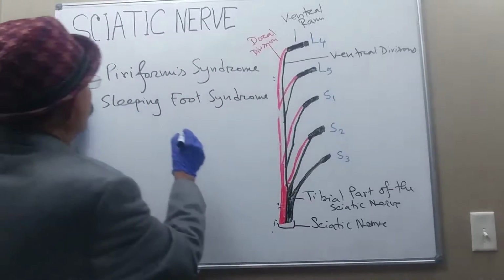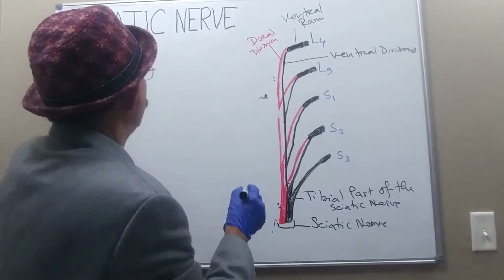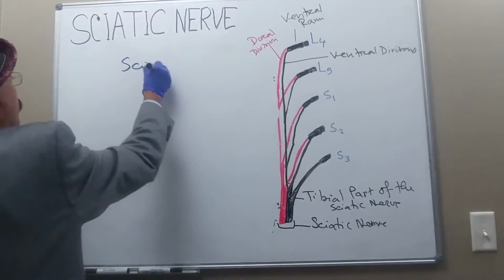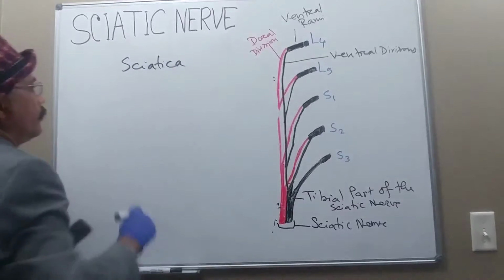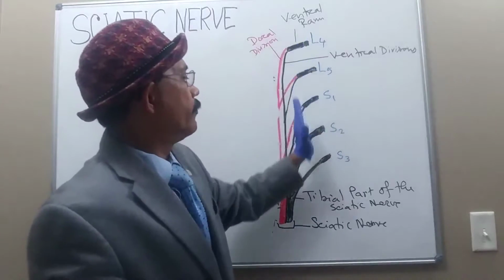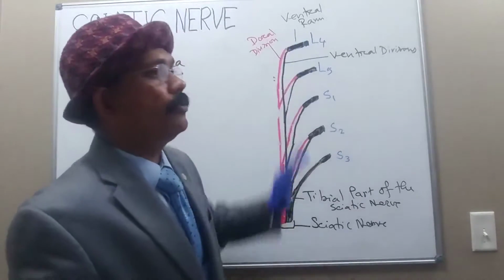If this is the condition, we may have another condition that is called sciatica. This is a condition when the nerve root contributing to the formation of the sciatic nerve is compressed.